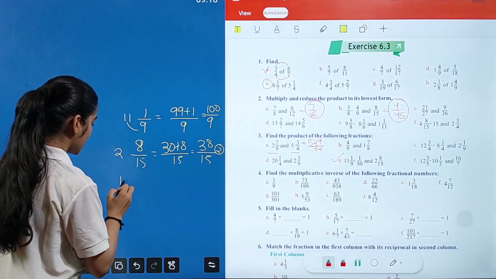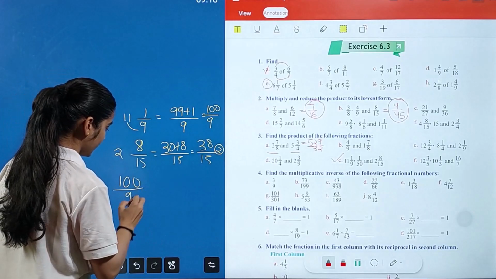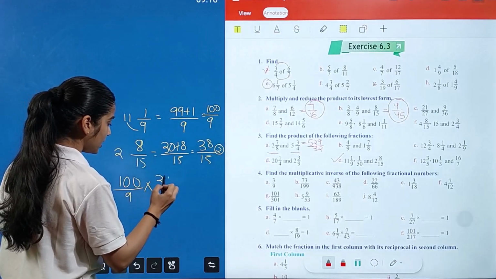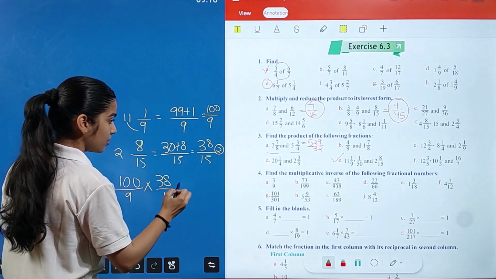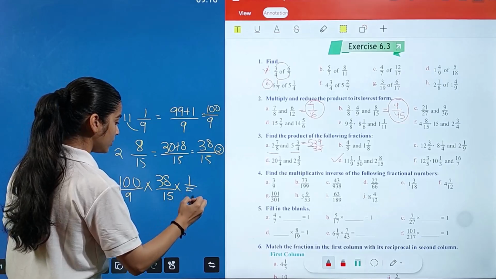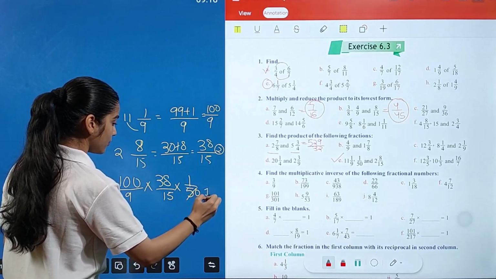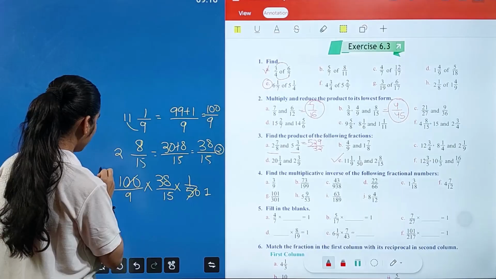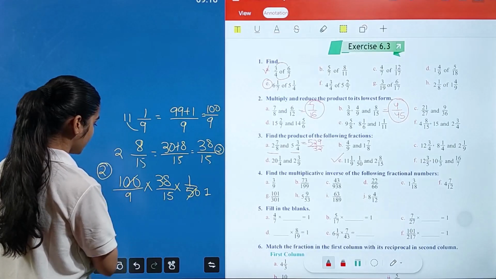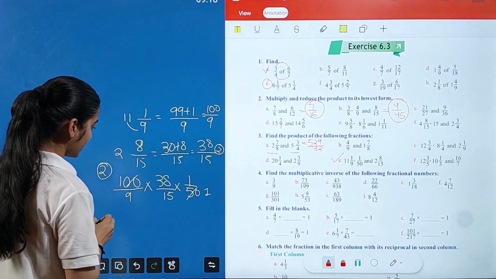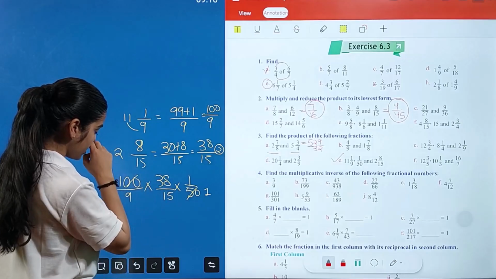So first we take 100 upon 9, multiply 38 upon 15, multiply 1 upon 50. 50 ones are 50, 50 twos are 100. In this 38 will not divide, okay.